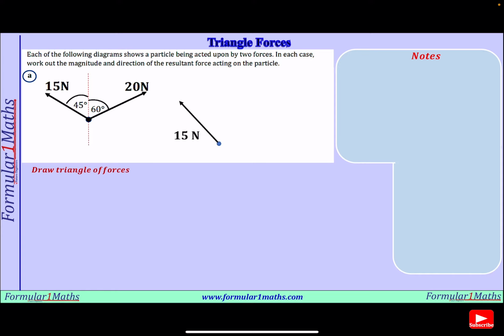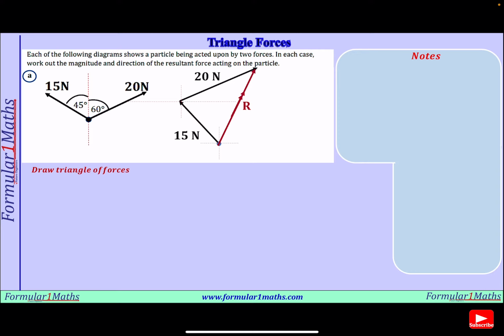I'm going to start with the 15 Newton force, putting my coordinate axis like that to give me a sense of where the angles will be. So I'm going to add the 20 Newton force, again with my coordinate axis, and now I can draw in my resultant vector, which will be that.